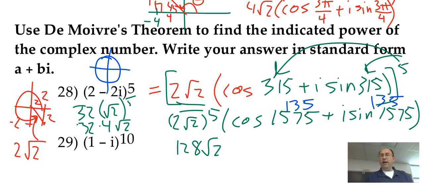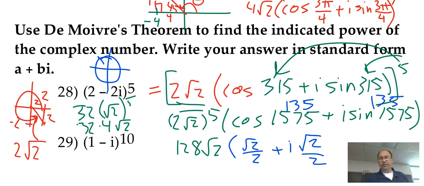So 135, that'd be smack dab in the middle there. What's the x value? That is radical 2 over 2, plus I. What's the sine of that value? Same. Now, is either of those supposed to be negative? Oh, the x, exactly. All right, now distribute the 128. What happens?